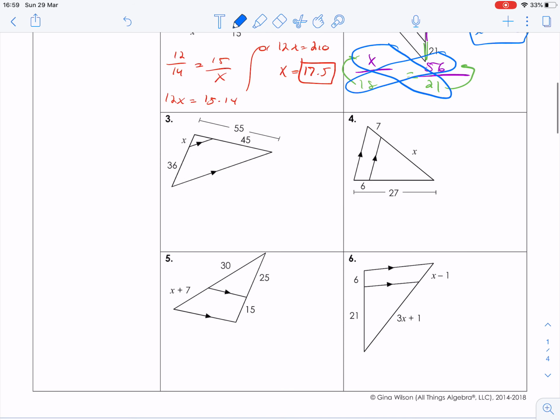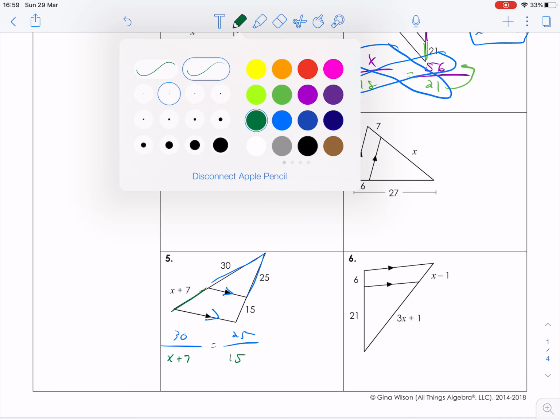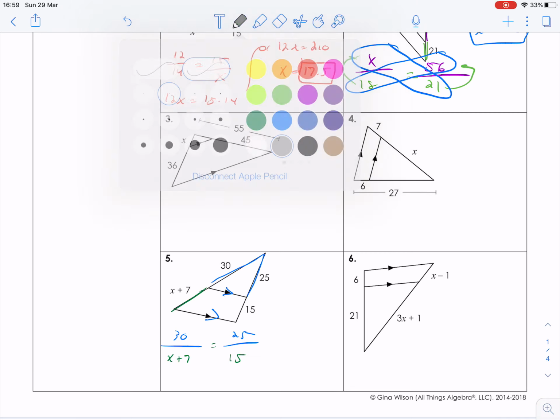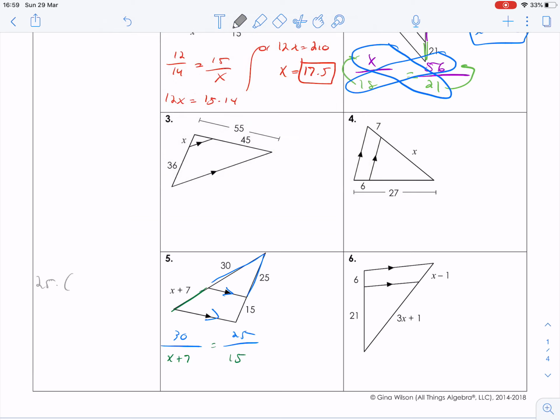Let's get to a little bit trickier ones. We know these are parallel. So we know that 30 divided by x plus 7 equals 25 divided by 15. Cross multiply. We get 25 times x plus 7 equals 30 times 15.